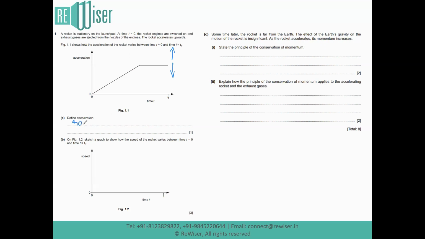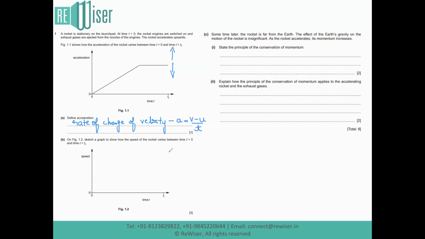Looking at this logic, we know that if a body has an initial velocity u, which changes to a final velocity v, then the formula for acceleration a is v minus u divided by the time interval t.